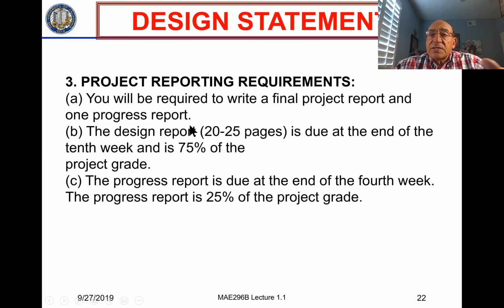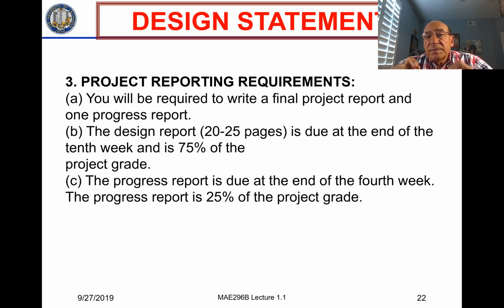Finally, the project is going to be put together in a report. We have a template for the report online that you can download, and your report will be somewhere between 20 and 25 pages and is due at the end of the 10th week.